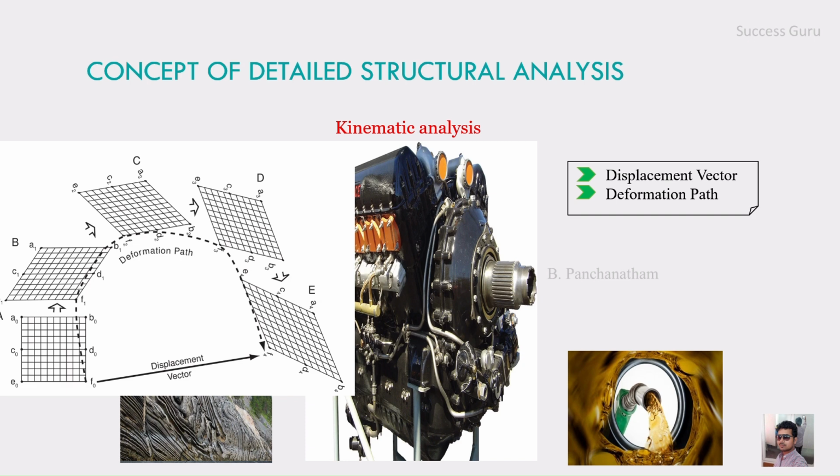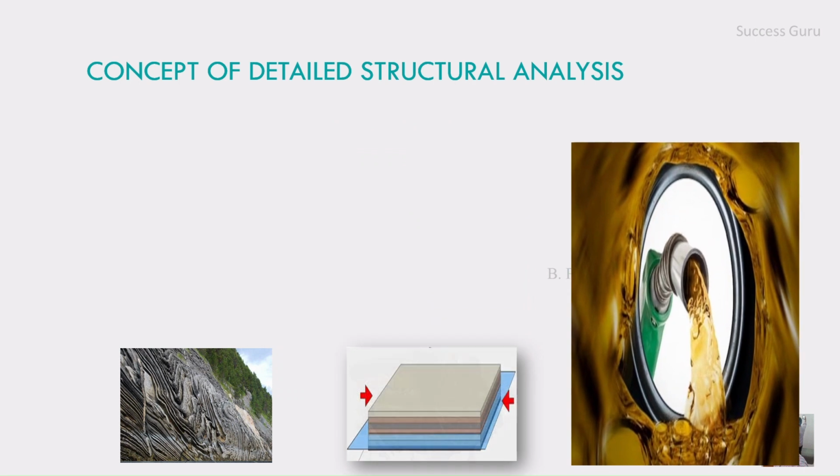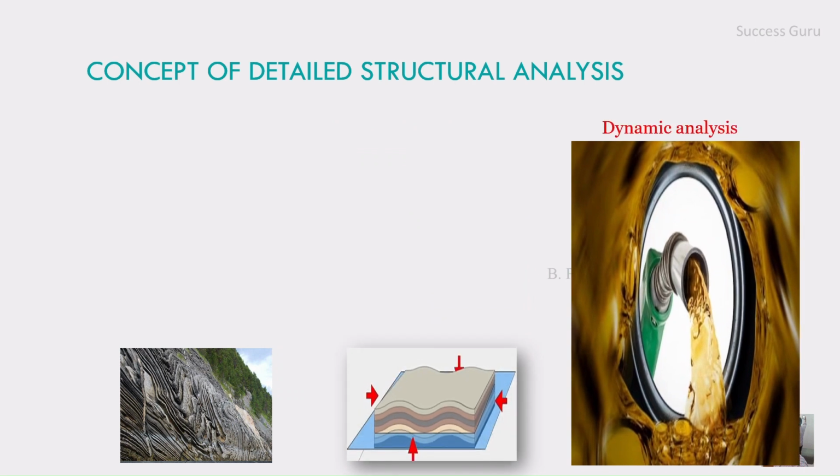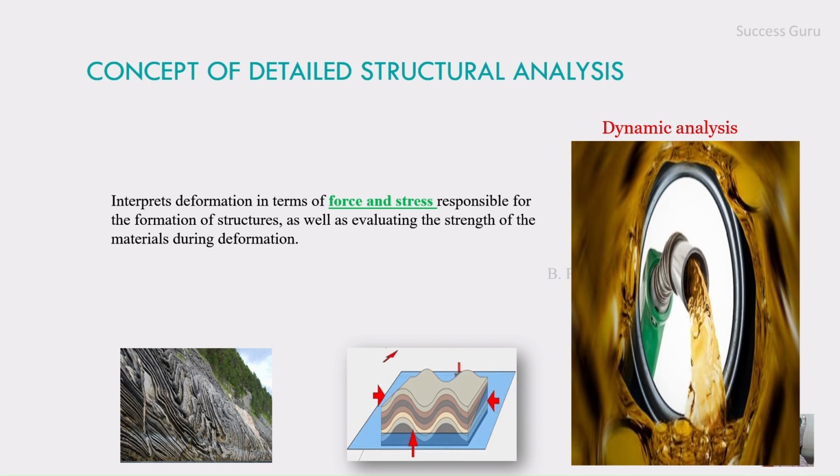Is that clear? Okay, so now we move to the last heading, the third heading, that is the dynamic analysis. Here we interpret the deformation in terms of the forces and stresses that are responsible for the formation of structures, as well as evaluating the strength of the material during deformation. So here we are trying to explain what forces or stresses actually move the rock, and not only that, how the rock has been behaving under those sorts of deformation.